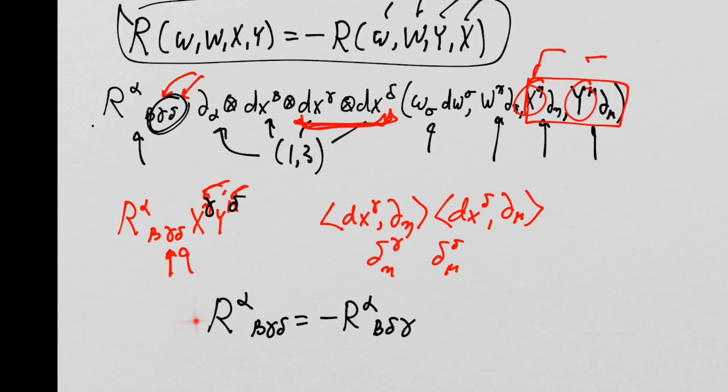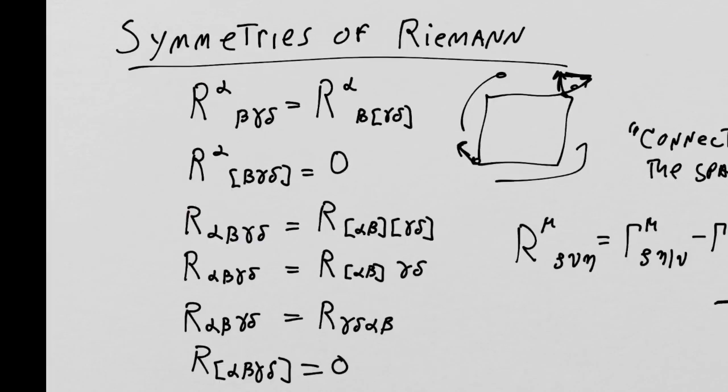We've proven this, and now that we've proven that, the typical way of expressing it is it equals minus R alpha beta, gamma delta. Doesn't matter what order you put those two in. Let me write that a little clearer. Gamma delta. And that is our first identity.